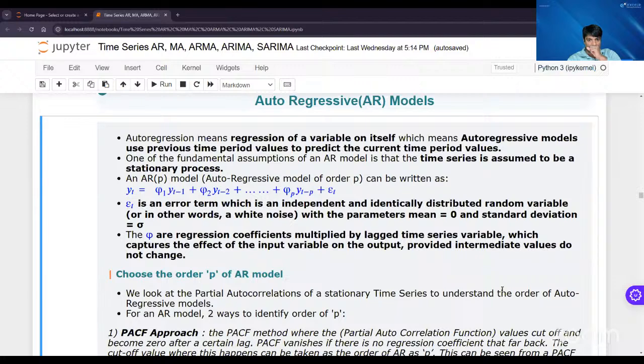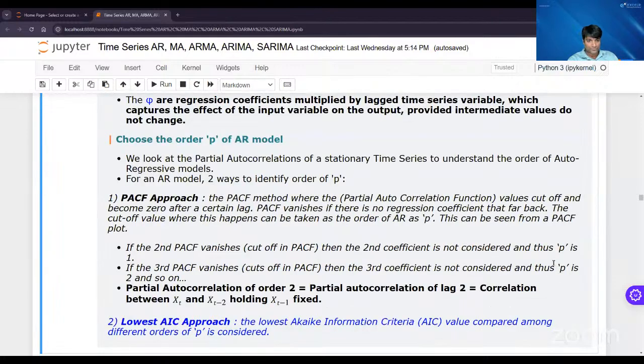Let me go into the project. And one more important concept is, when we talk about the autoregressive model, there are particularly 4 important key assumptions you will be encountering, which have to be considered before applying this autoregressive model.